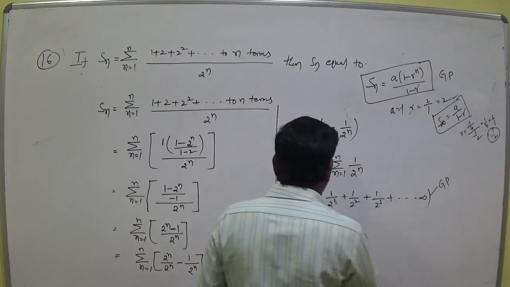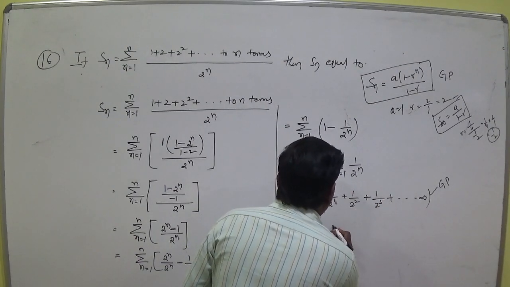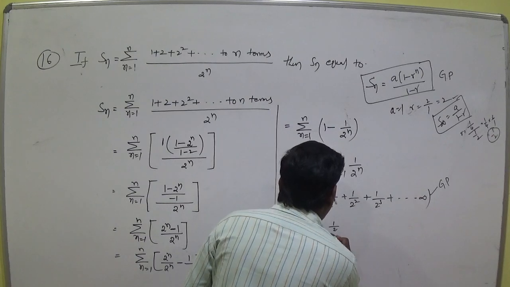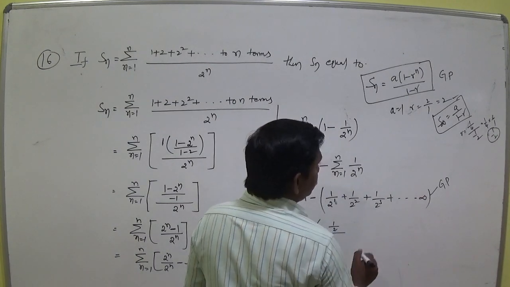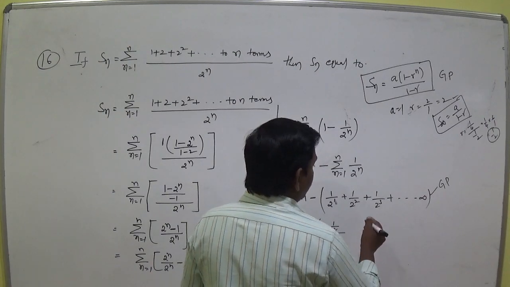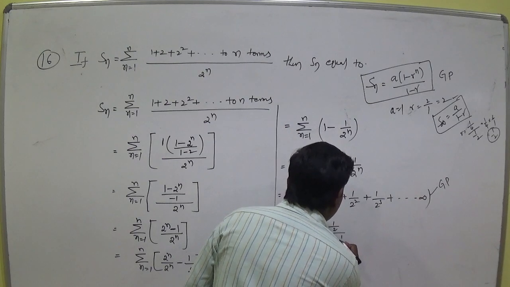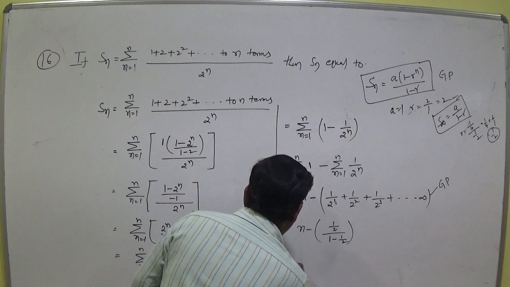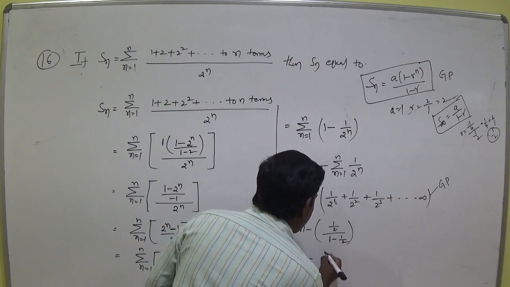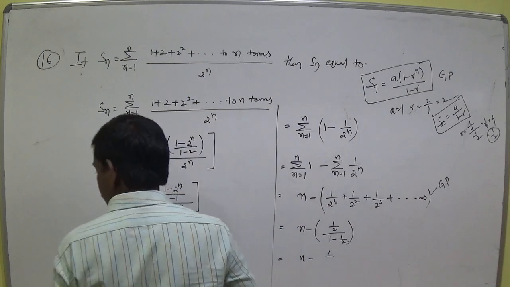So apply S infinity: A means 1 by 2, whole by 1 minus 1 by 2. That means n minus 1 by 2 by 1 by 2.